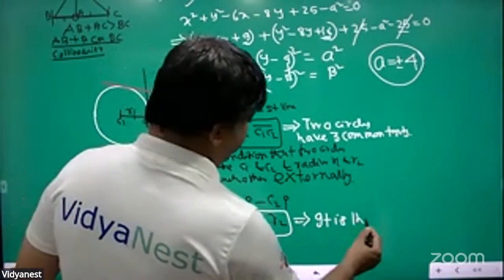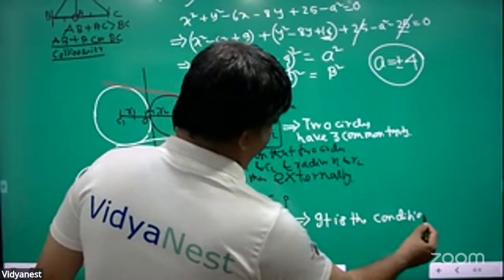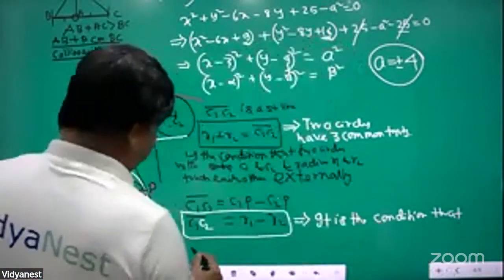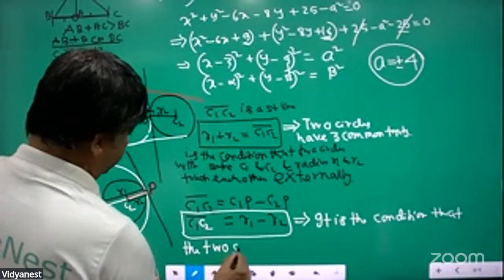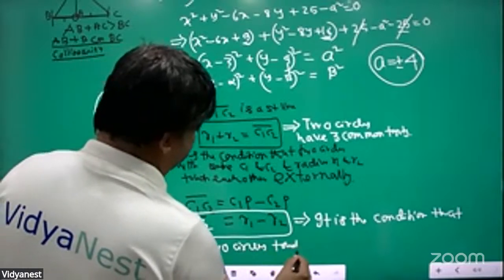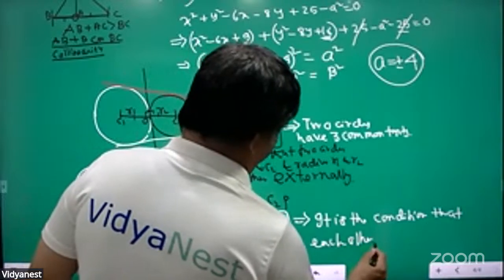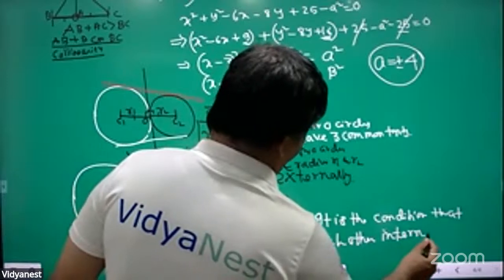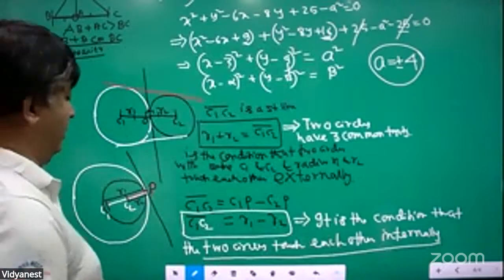It is the condition that the two circles touch each other internally.